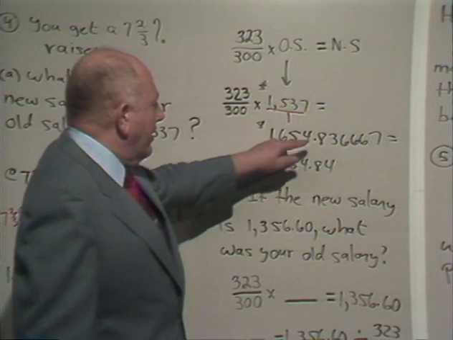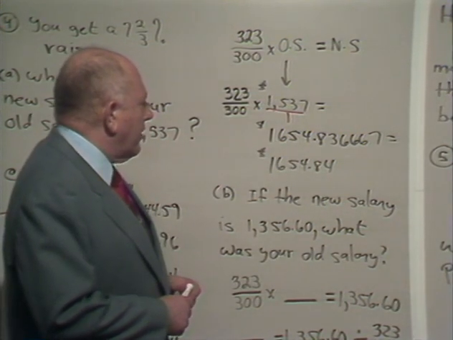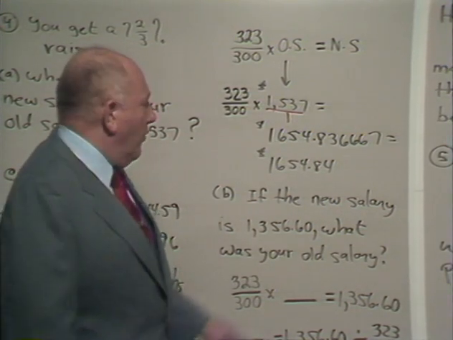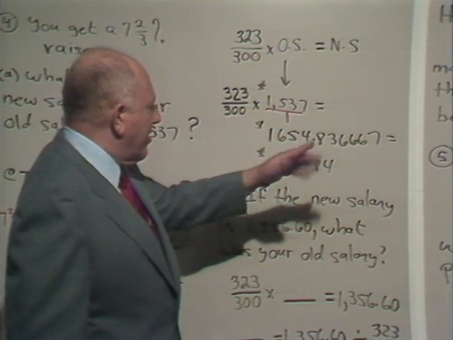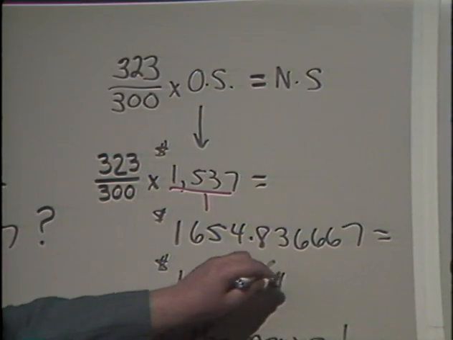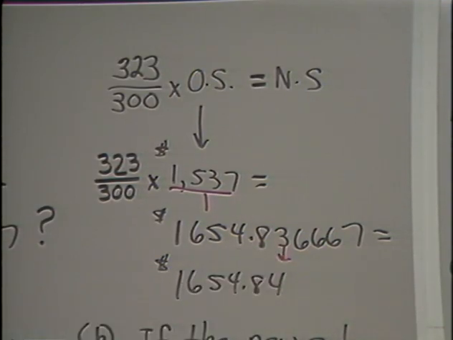But once you do that, the calculator will show you something like 1,654.836667. We round that off to the nearest penny in this case, the nearest hundredth, and that says that after the raise, you were making $1,654.84, which, by the way, checks with the range that we said the answer had to be in.